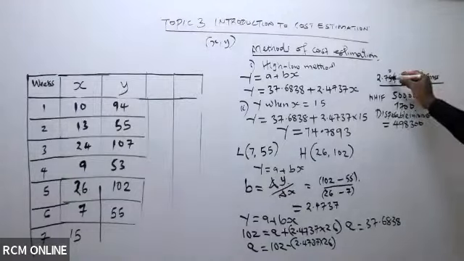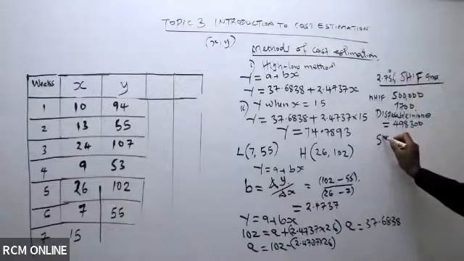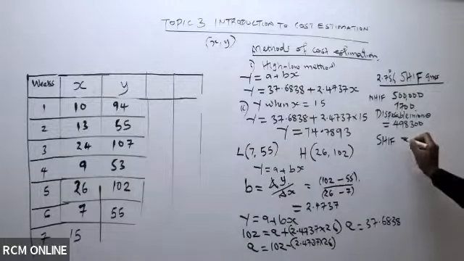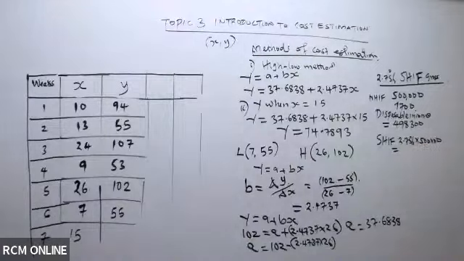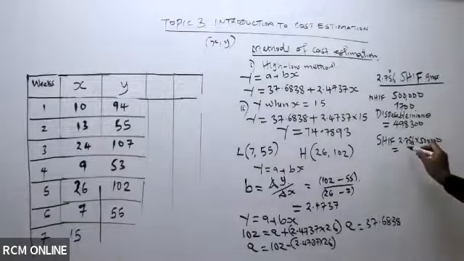Good. After implementation of 2.75%, so we now have SHIF, which is 2.75% of your 500,000. What will we have? How much will be deducted? 13,750.